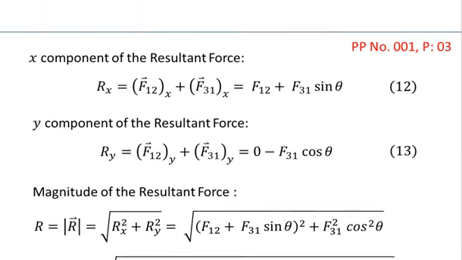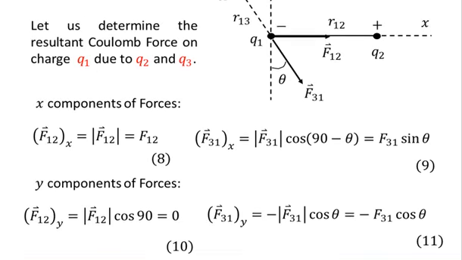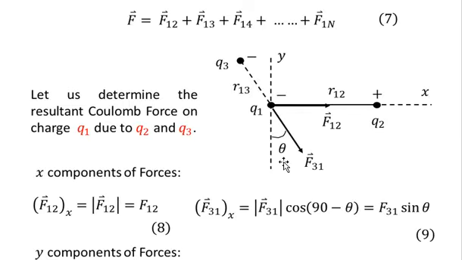You see that in the previous geometry, the direction of the angle theta is shown. And you can determine the value of theta very easily. That is, you can determine the value of theta from the components of this vector, that is F13. Or you can determine the slope of this line, that is, of Q3 and Q1.